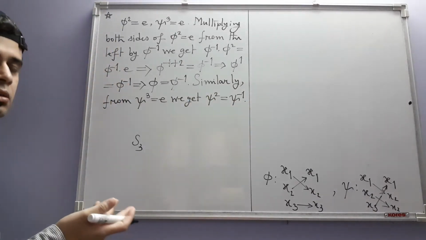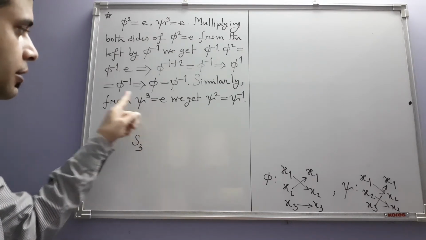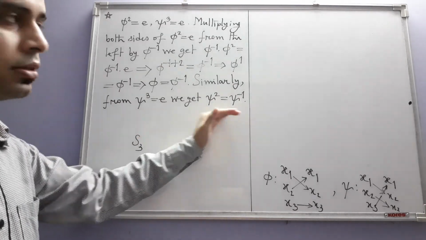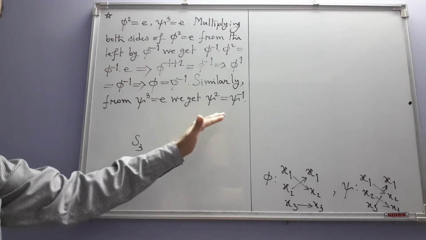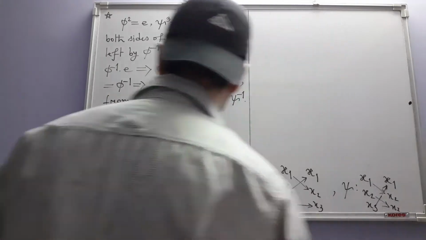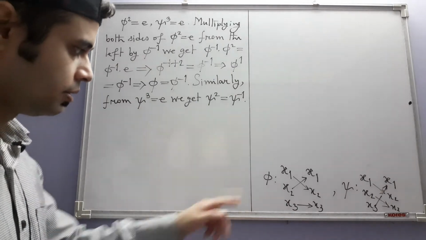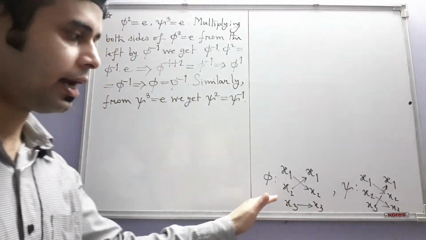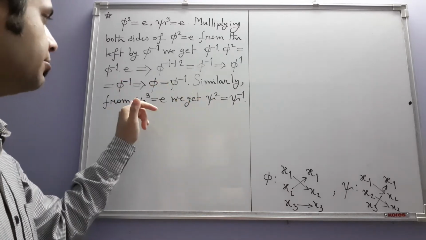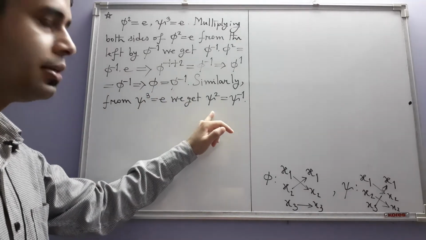Here also you multiply both sides of this equation by psi inverse, either from the left or from the right, that does not matter, that will ultimately give you this, using similar conditions that a group satisfies. Okay, now you see that the elements phi and psi that we have considered in S3, their inverses turn out to be these elements. Inverse of phi is phi itself and inverse of psi is psi square.